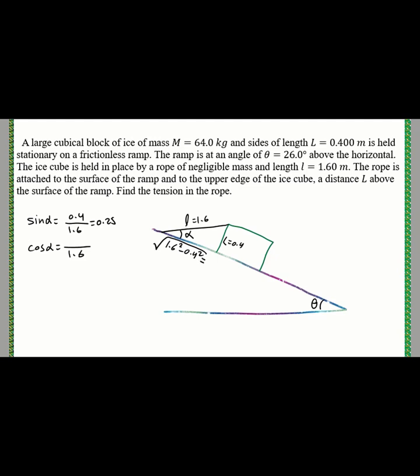This gives the square root of 15 over 5. Put it here: square root of 15 over 5 divided by 1.6. The answer is square root of 15 over 4.